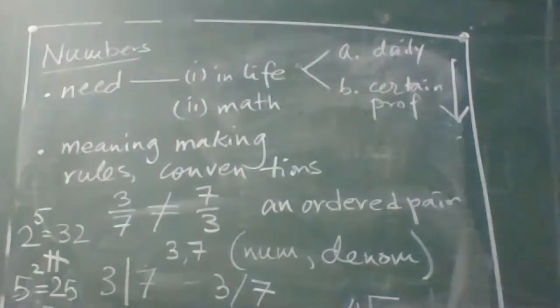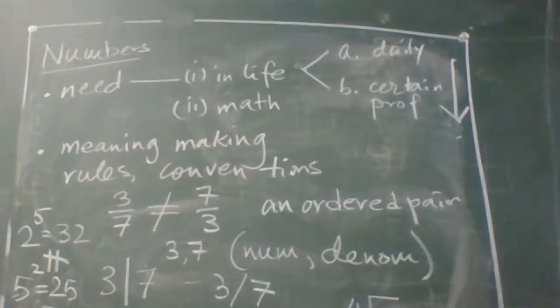So there are these ordered pairs that show up, and we don't often recognize that these are all cases of ordered pairs, all having different meanings. And we need to spend some time on meaning making and things like that.